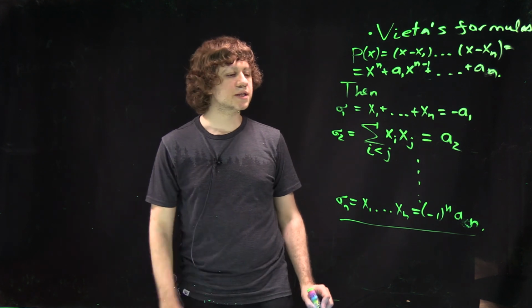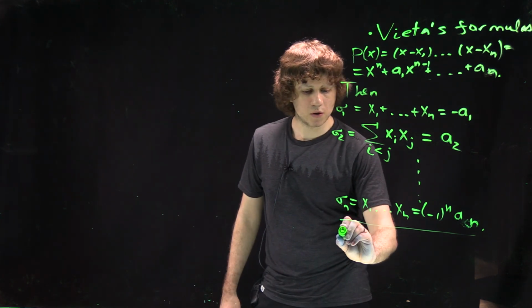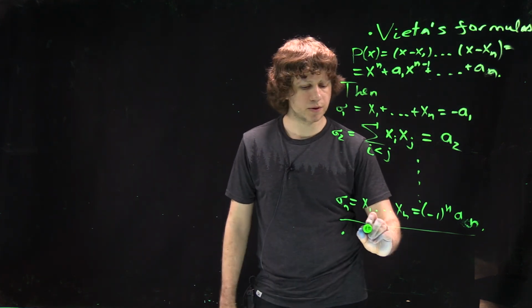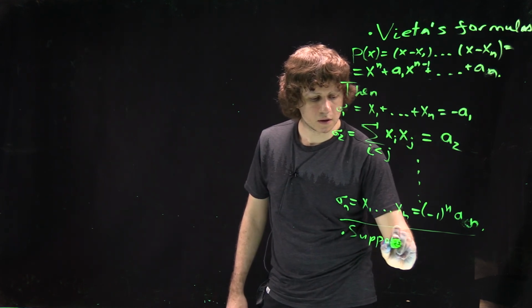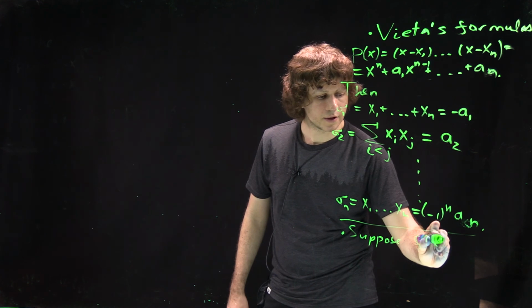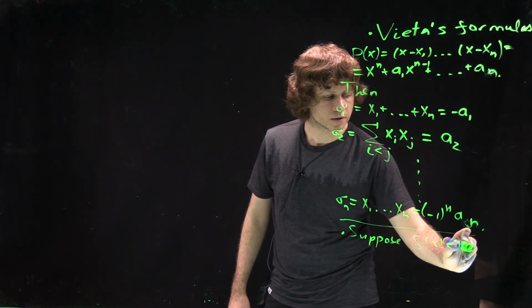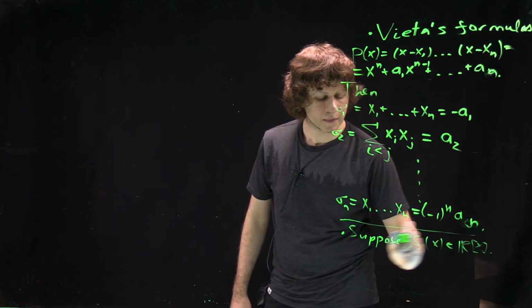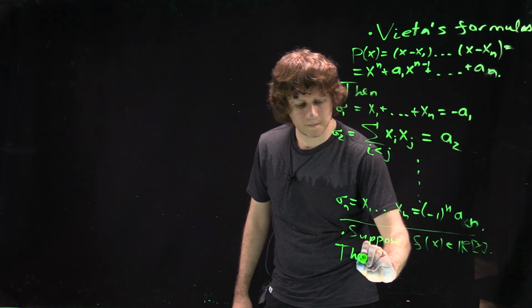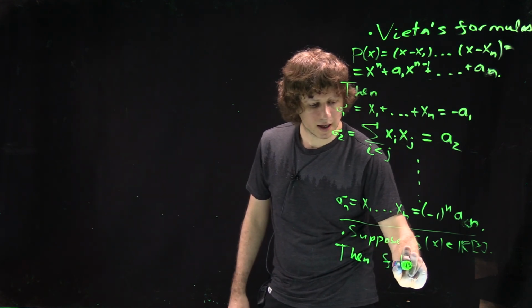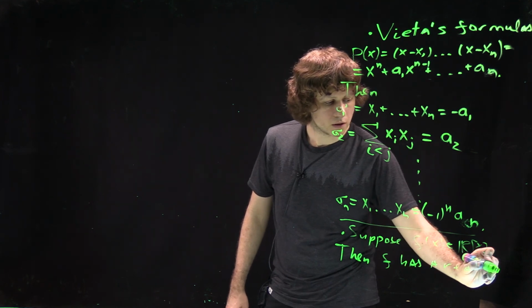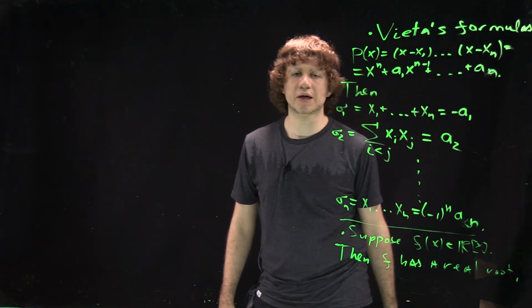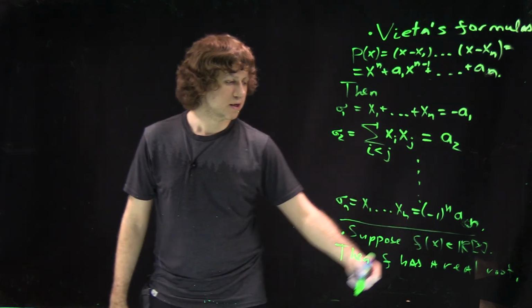Another thing is the following observation, again very simple. Suppose f of x is a polynomial with real coefficients and odd degree. Then f has a real root. This is a statement you use analysis to prove, and the proof is very simple.